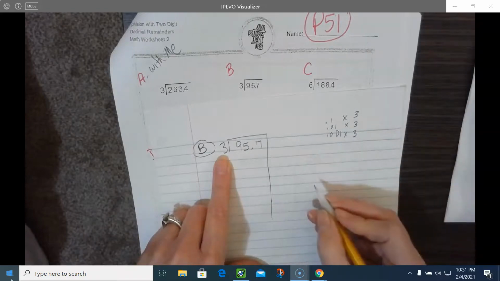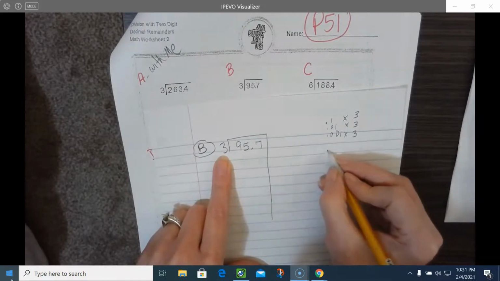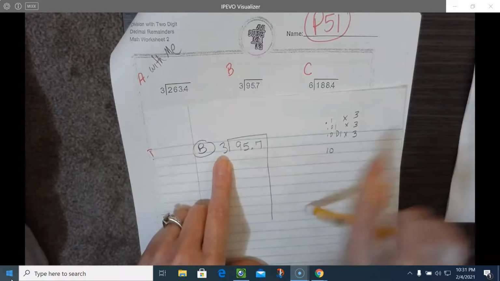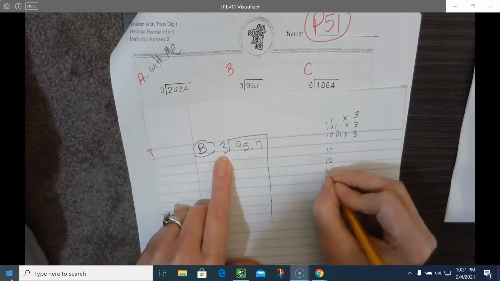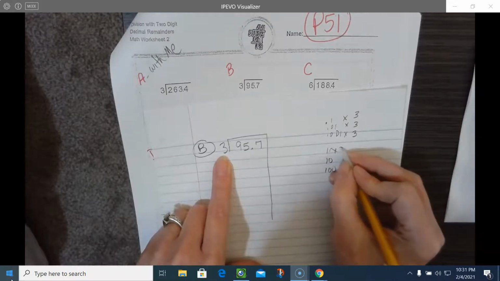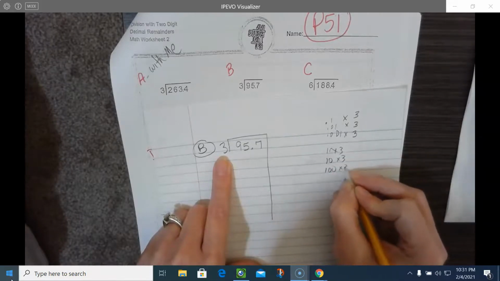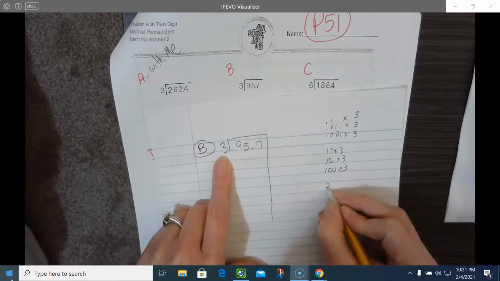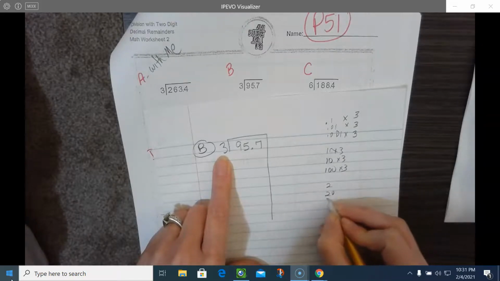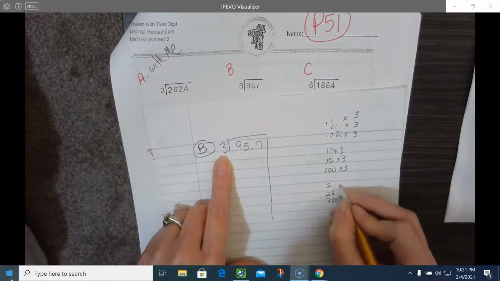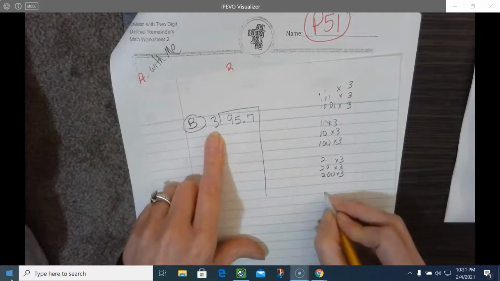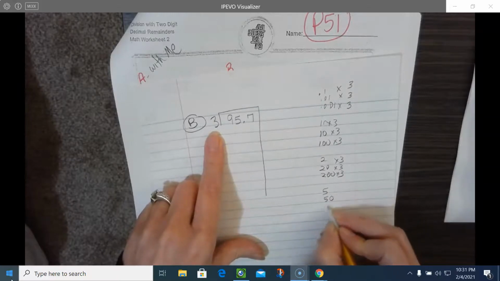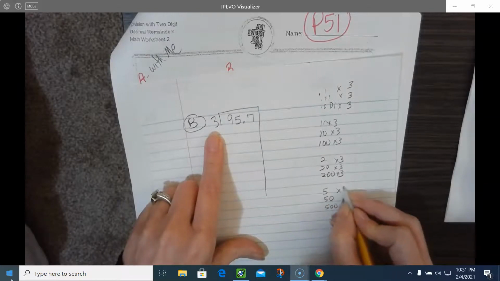Okay, and then you are going to do 1, 10, and 100 times 3, and then 20, 20, and 200 times 3, and then 5, 50, and 500 times 3.